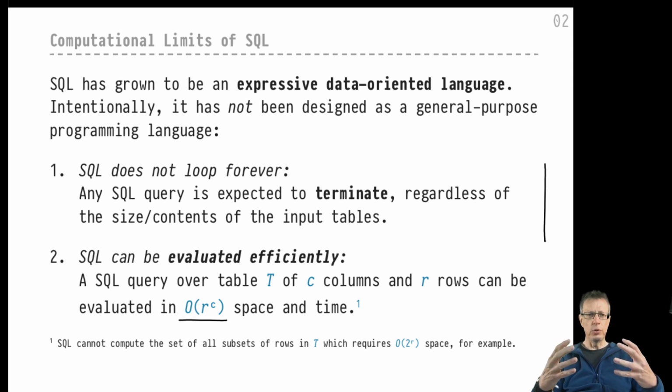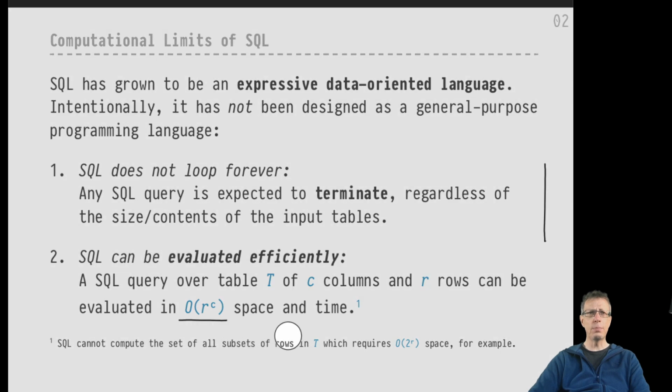So any cell is combined with any other cell, that would lead to space and time requirements in the class R to the power of C, but that would still be a polynomial effort that we are investing here. Right, so if this is the limit of what space and time usage can be, then this means that there are some tasks that we simply cannot express using SQL, at least in the SQL dialect that we have discussed so far.